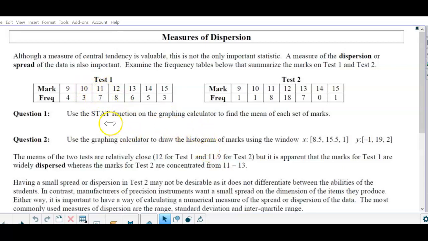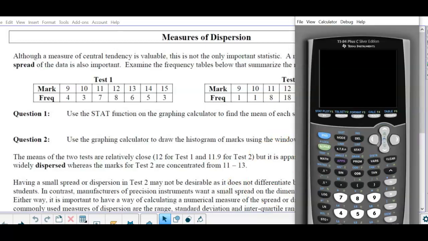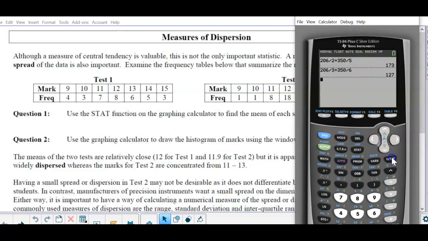Okay, so then it says use the stat function on the graphing calculator to find the mean. So not by hand. So get out your calculator and clear that. Go to Stat, Edit, clear off your old list. So up to L1, clear, not delete. And then in the first column, always put the data values, the marks in this case.